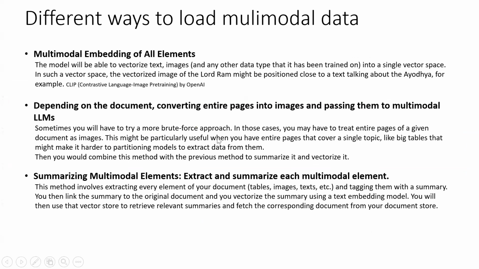Largely there are multiple techniques. There could be numerous ways to accomplish this, but we will be focusing on one of these techniques. The first is multimodal embedding for all the elements. What we can do is use a model to create embeddings.